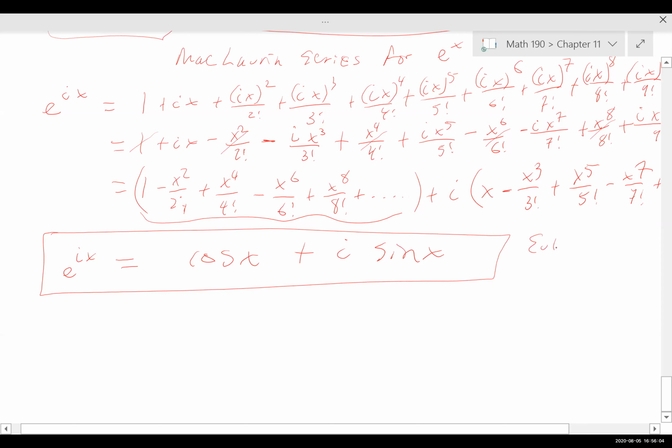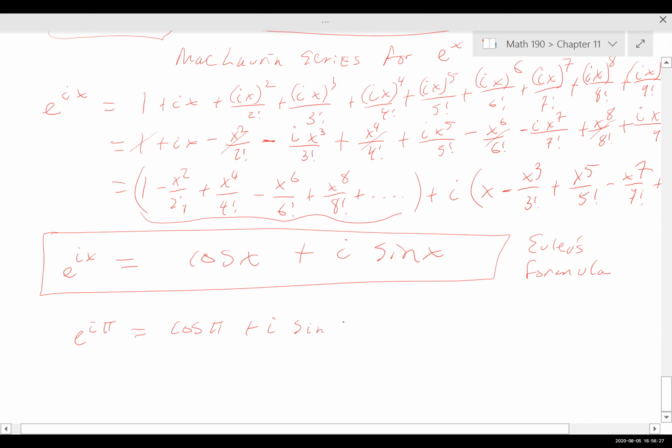Euler's formula, an amazing formula. Now what would happen if I plugged in pi? I would get e to the i pi equals cosine of pi plus i sine of pi.